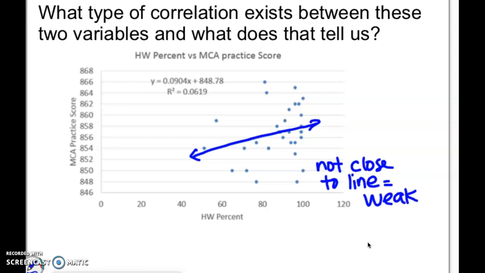The trend line is going up, so it is positive, but weak. It's very weak. You can almost say no correlation, but since the trend line was drawn in, there it is. So this is between homework percent and your MCA practice score, and it looks like there is a weak to no correlation. That means that your achievement on homework is not necessarily an indicator of how you'll achieve on the MCAs.